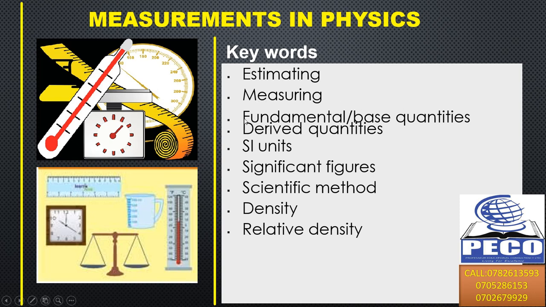Measuring, fundamental base quantities, derived quantities, SI units, significant figures, scientific method, density, relative density, and many other words that you will encounter in this topic of measurements in physics.